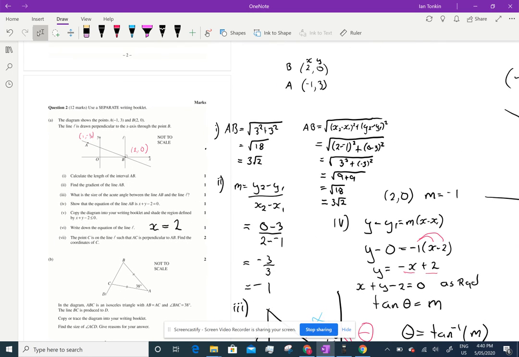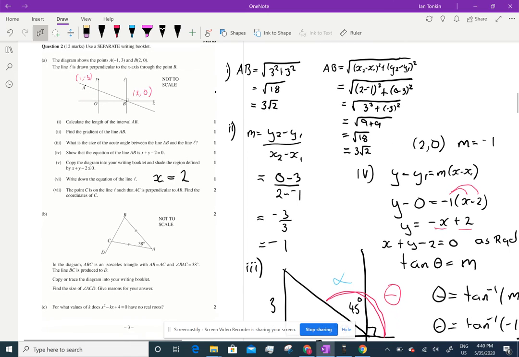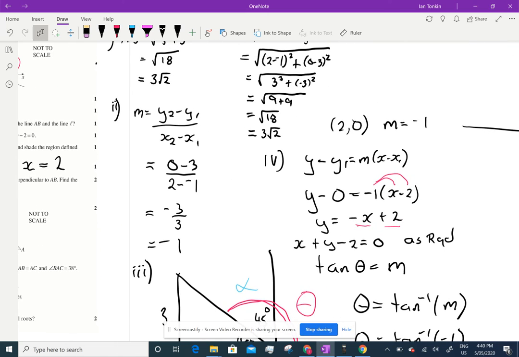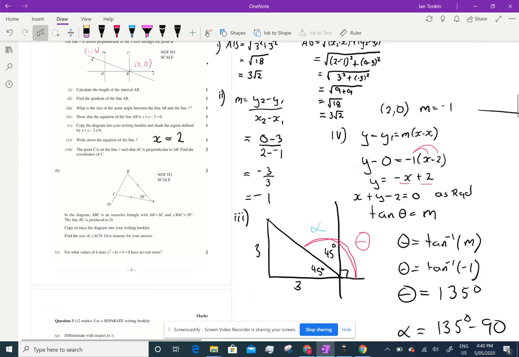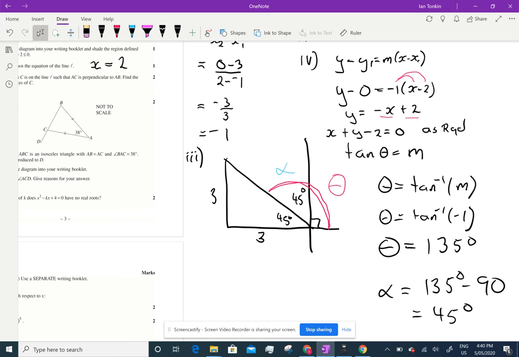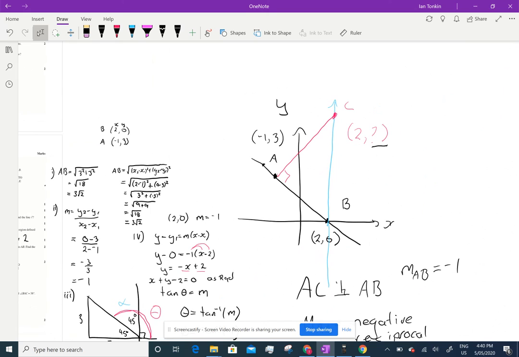Again, you can draw the triangle and get 3 over 3 and know it's going down, or you can use the formula. Show the equation of the line. That's easy because we've got y minus y1 equals m outside of x minus x1. Find the angle. Yes, we know inverse tan will give us the angle, so inverse tan. And find the other coordinate. Sometimes it looks hard, but when you pull it apart, it becomes particularly easy.